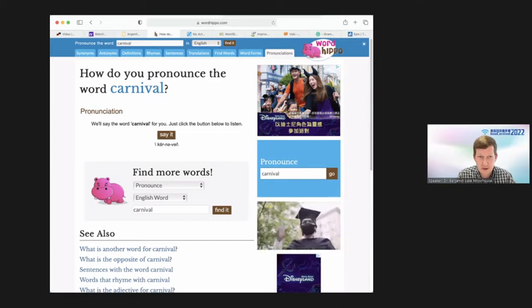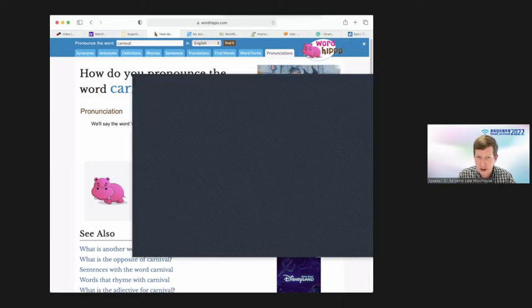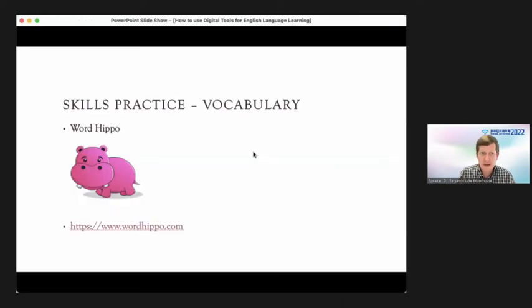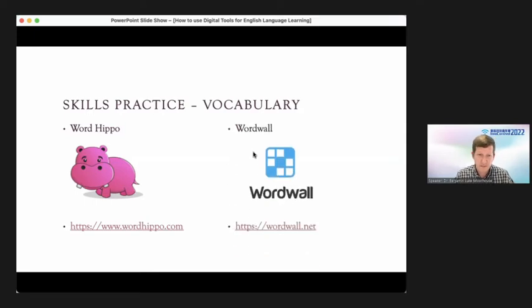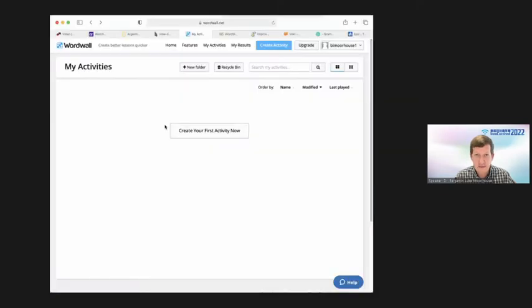So the next tool I want to share is for our kind of practice. Okay, so this one's called Word Wall. I'm sure you might be familiar with this already. Okay, so Word Wall is a tool for making games. Okay, so we can make our own games using Word Wall. Okay, so again, there's a free version that we can use, and it's very easy for us to create new activities.